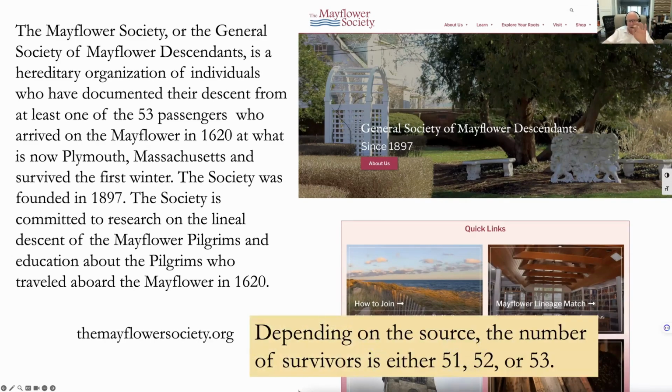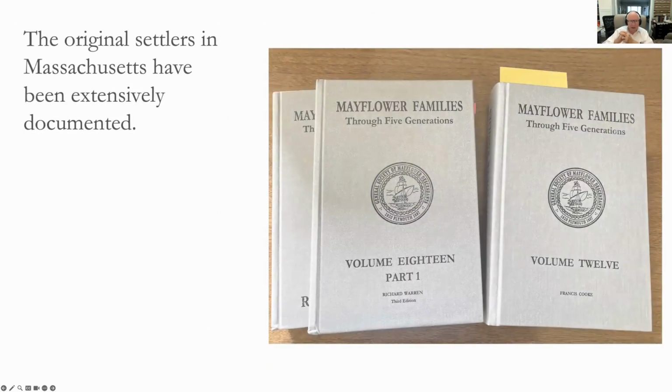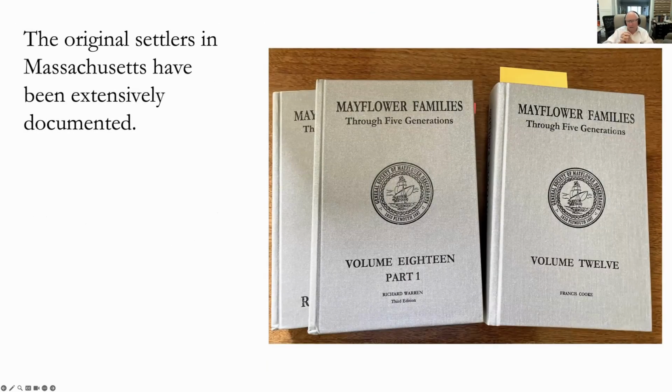Oh, by the way, there's a little bit of wiggle room here because we don't really agree. Not everybody agrees that there were 53 passengers who survived. The number is sometimes 51 and 52. But that's neither here nor there. So this is the book. These are the set of books, and it's continually being updated and published and revised.